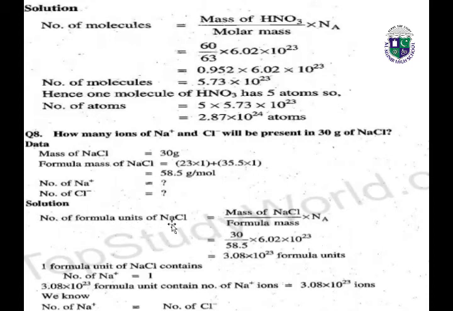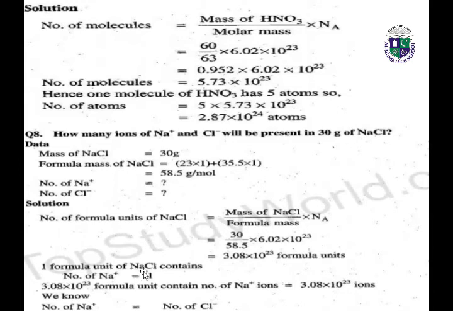So for the number of formula units of sodium chloride, we have this formula: mass of NaCl over formula mass into Na. By putting the values, we get the formula units, which is 3.08 × 10^23.